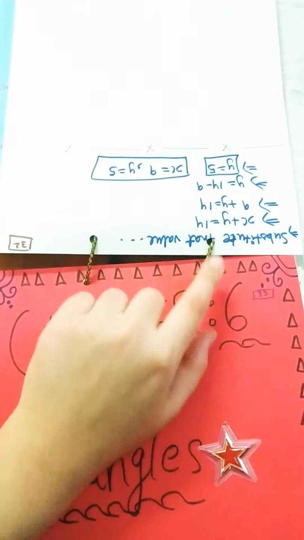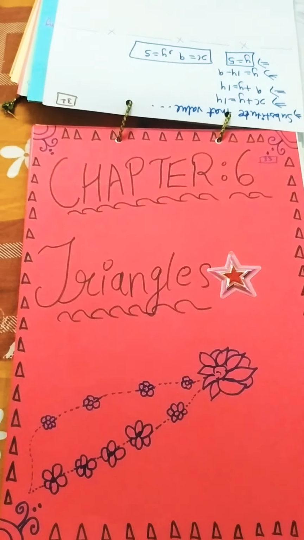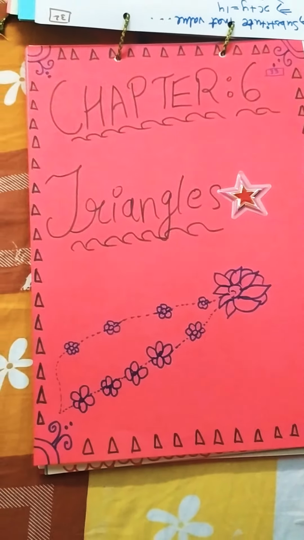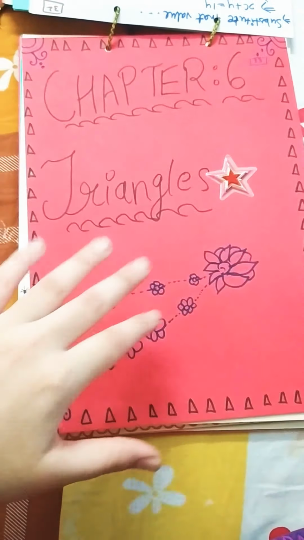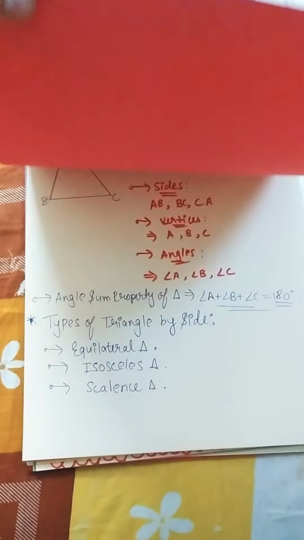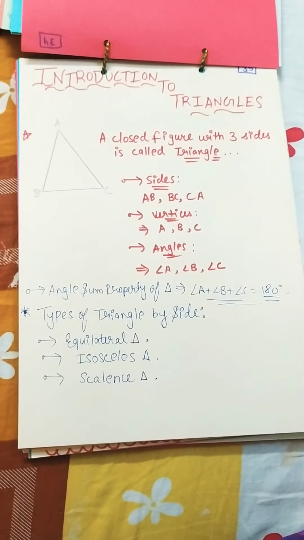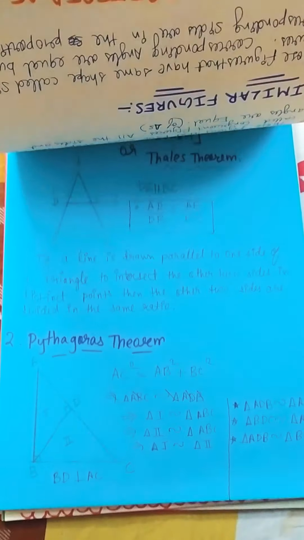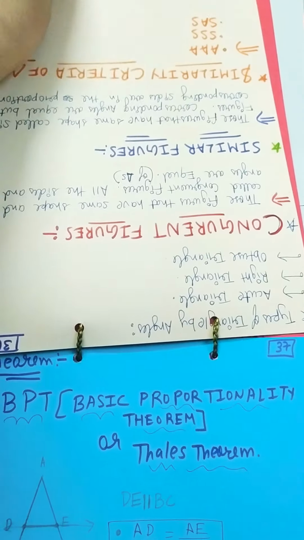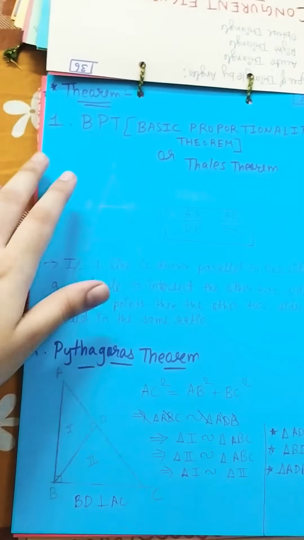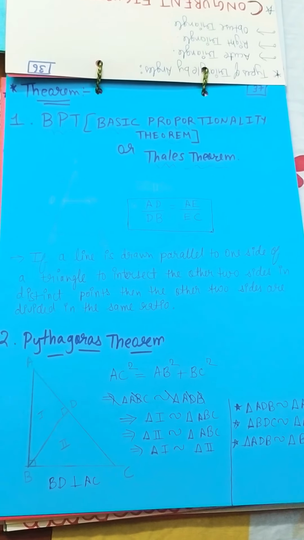Then it's a problem sum, and then chapter number 6, triangles. It's the cover page of chapter number 6, and then introduction to triangles. It is the theorem, basic proportionality theorem, Thales theorem.